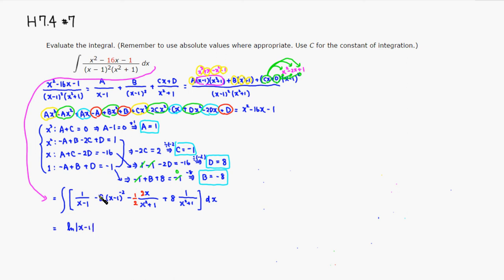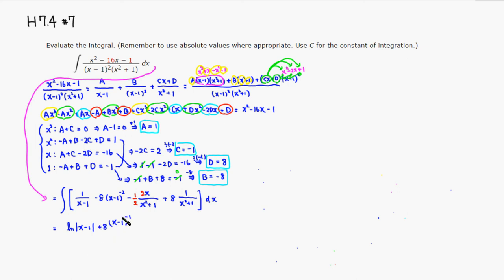Then -8: the antiderivative, we add 1 to the power. So you have x minus 1 to the -1, and divide by -1, so it'll be positive.